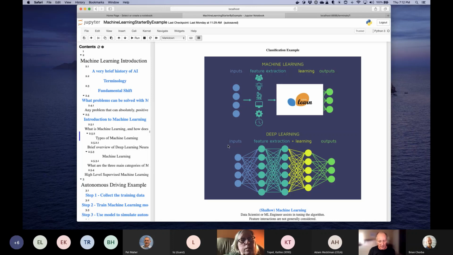And in deep learning, you don't really have the feature engineering phase of this. The very first layers of a deep neural network actually do a pretty good job of figuring out what features are important, what combinations of features are important. And then later in that network of nodes, it starts to learn how to map the inputs to the outputs.